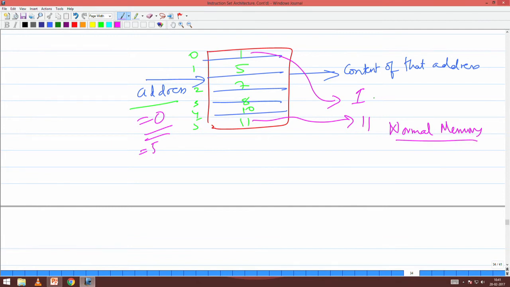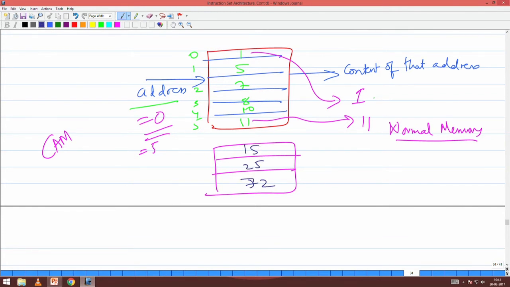But a content addressable memory, which we call CAM, say it has 3 locations. Let me say I am storing 15, 25, 72, with associated data D1, D2, D3. I go and ask a query: is 15 there?